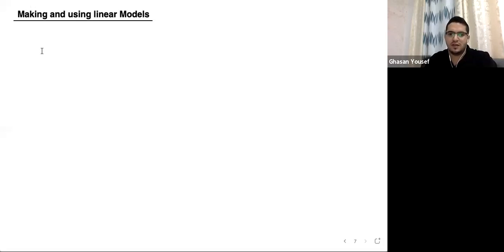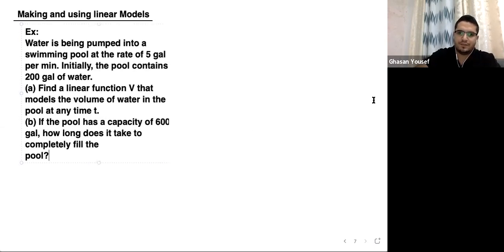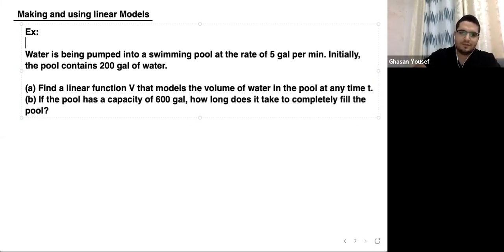For this one, I'm going to give a direct example, and by the example, I'm going to explain how we can connect the model with our real life. Okay, who will read this example?